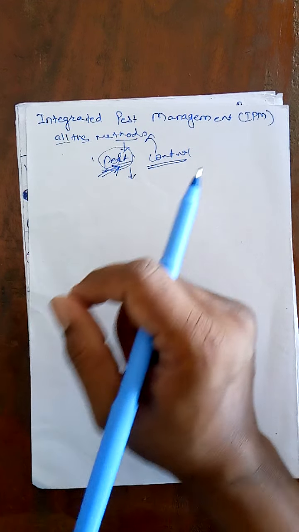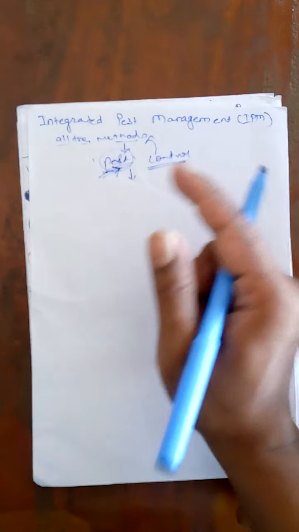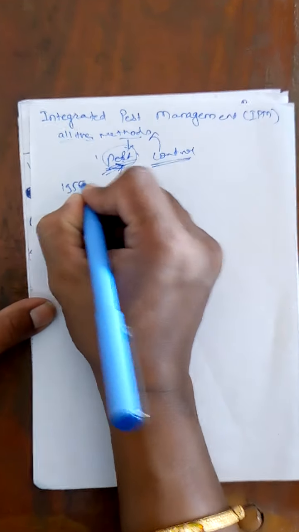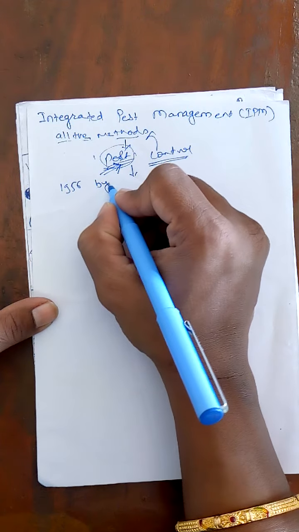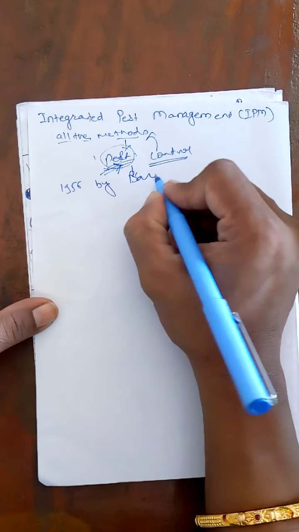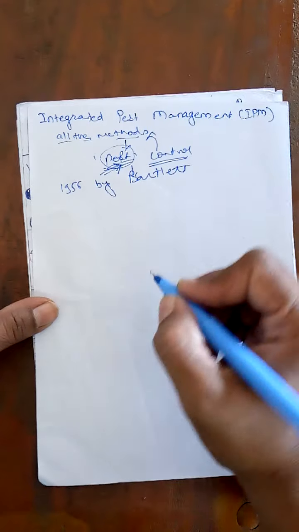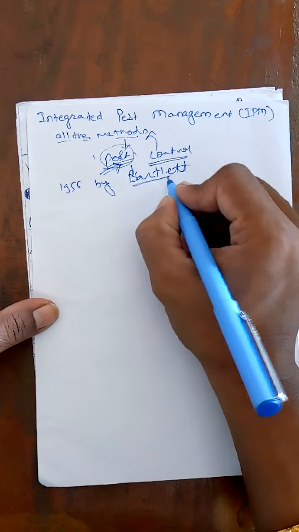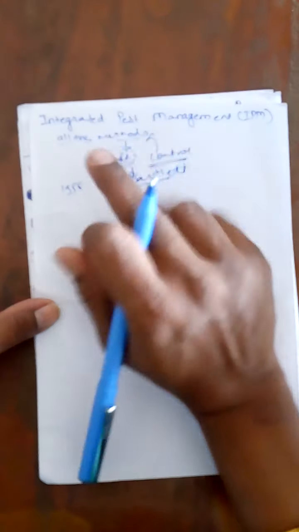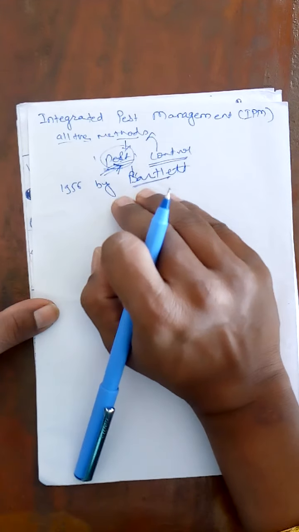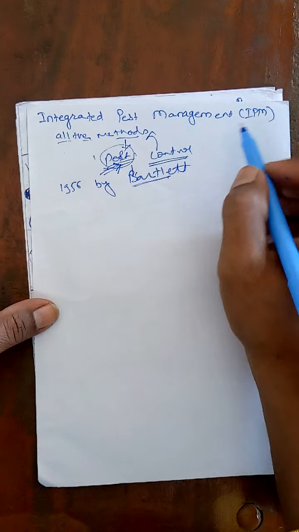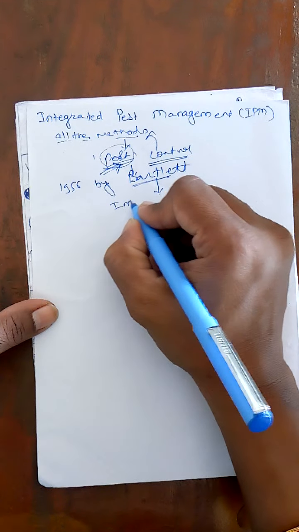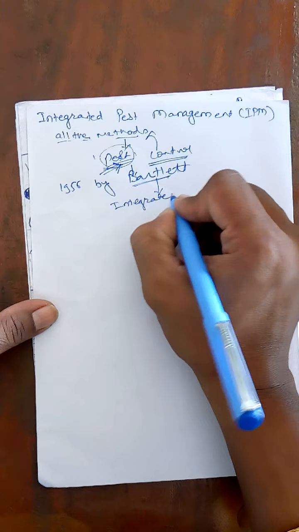This term integrated control was coined in 1956 by the scientist Bartlett. This is the scientist who used the terminology, but he did not use the term IPM. Instead, he called that method integrated control.